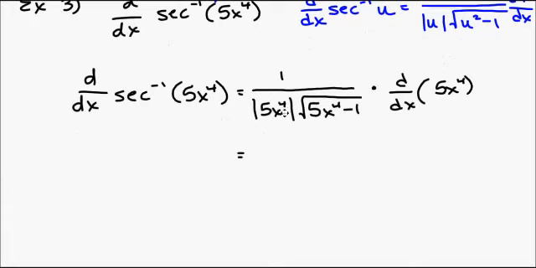So this is always going to be a positive number because 5 is always positive, it's always 5. And x to the fourth, since this is an even exponent, that's also going to always be a positive number. So I can really get rid of these absolute value bars.